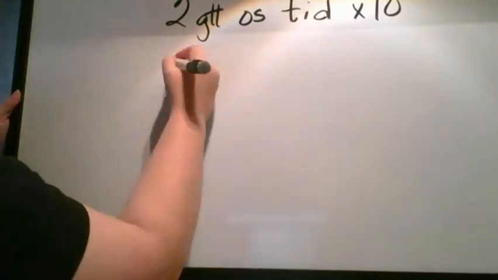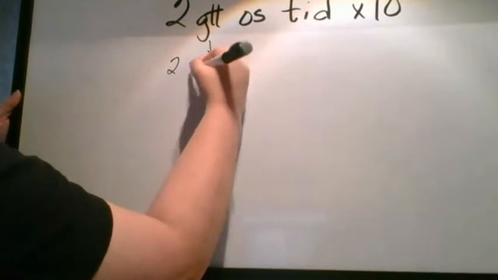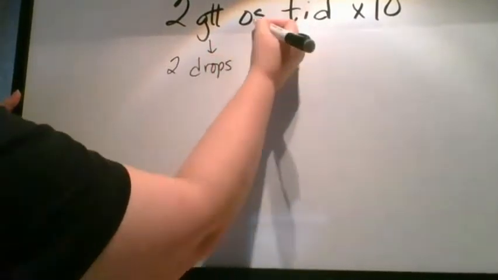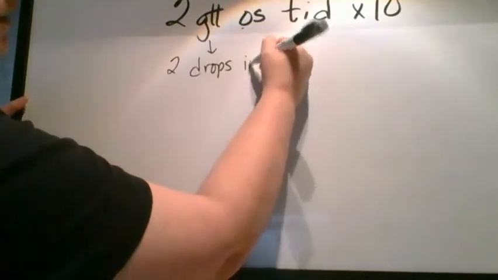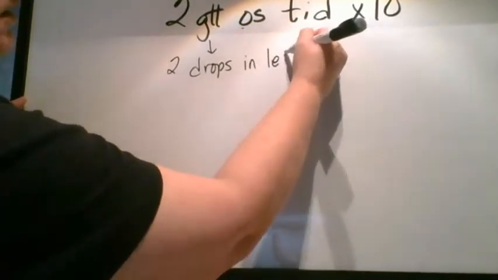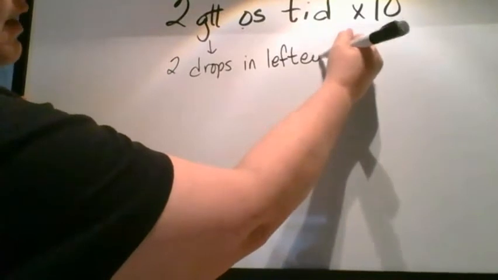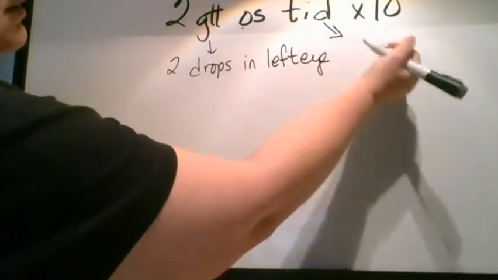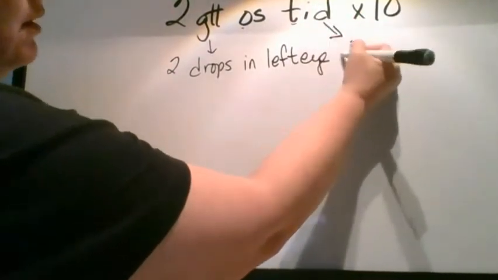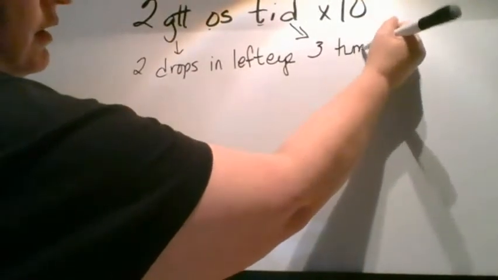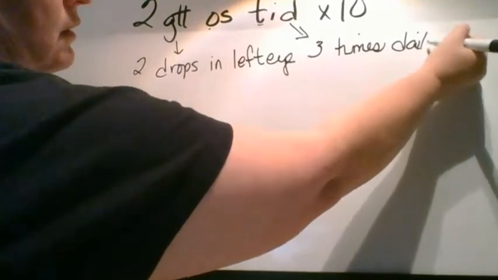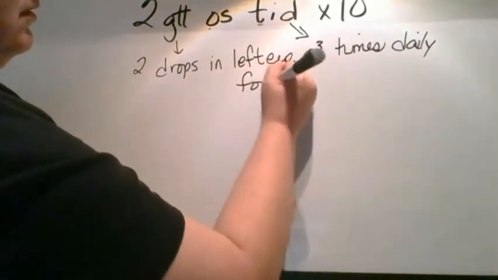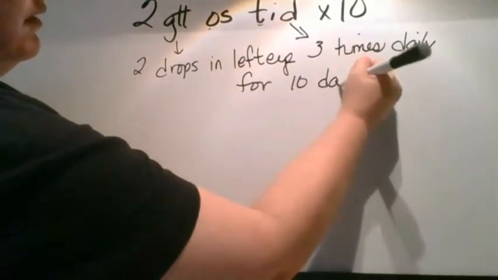So we've got 2 GTT is drops, O is optic, S is left, so that's in left eye. TID is 3 times daily for 10 days.